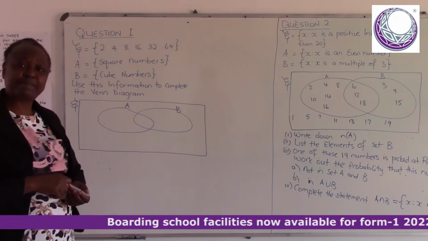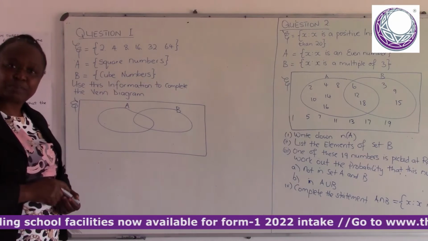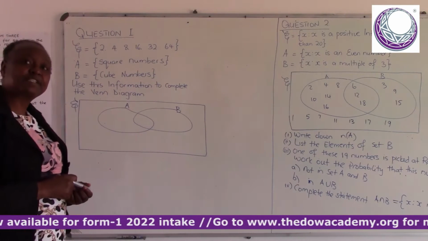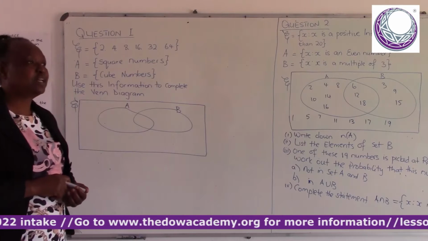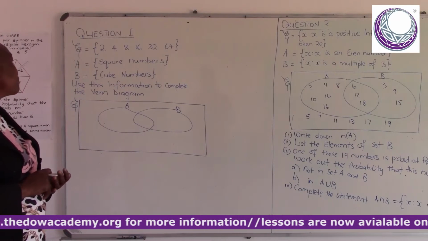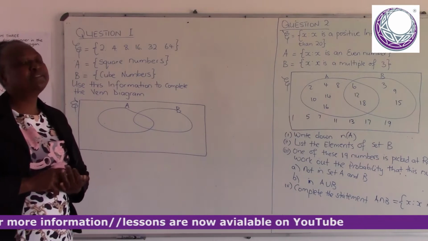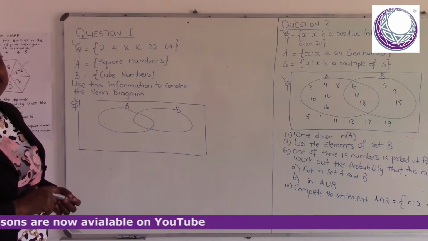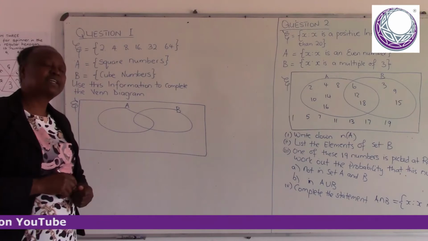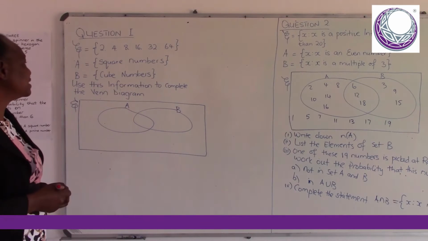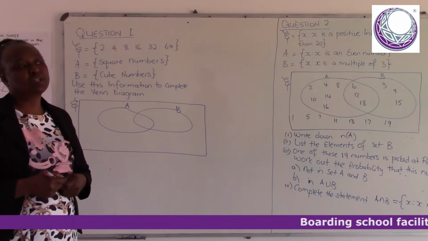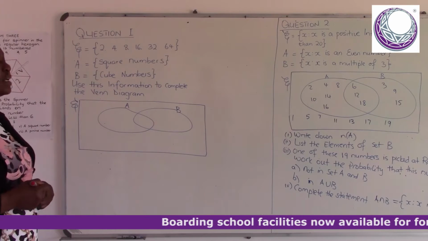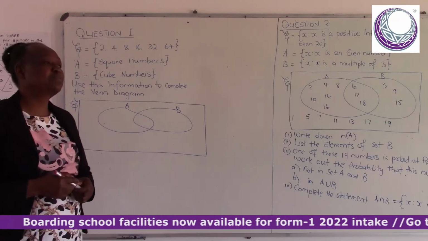In other words, we are putting the information on a Venn diagram. So it is very, very important that we pick out our square numbers from the list. The first one I can see, you always put your curly brackets. The first square number is 4 there. I can see 16. And I can see 64.